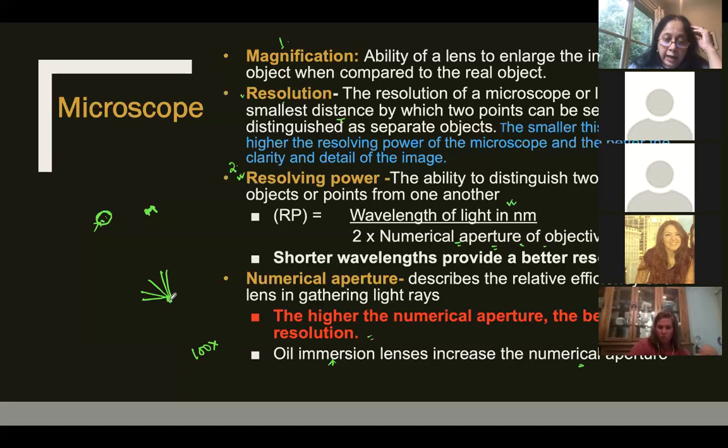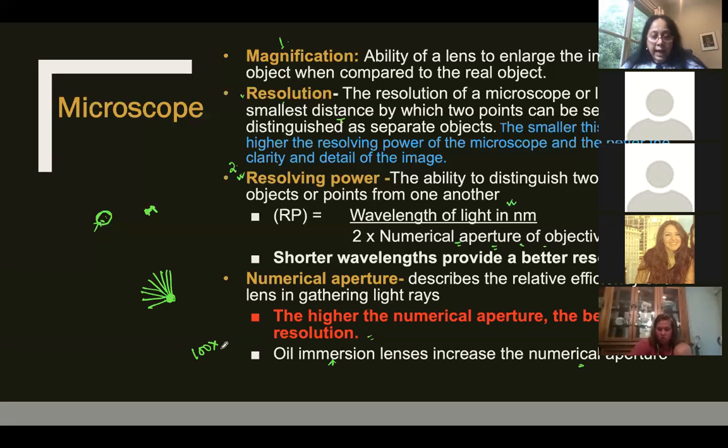Immersion oil actually increases the numerical aperture of that lens, and that means we can collect a really high amount of light. Basically, we can focus the specimen with sufficient light.